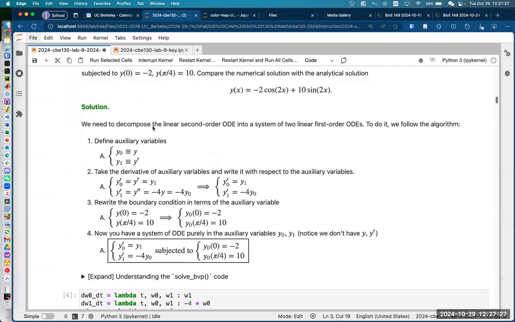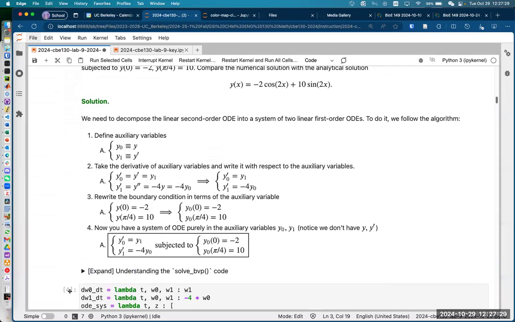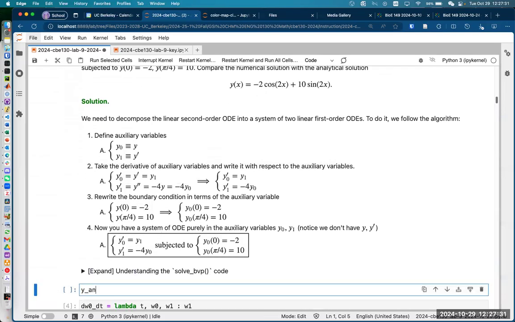And we can compare it with the analytic solution. So the analytic solution, we have Y analytic is equal to a lambda function of X. It's -2 times cosine of 2X plus 10 times sine of 2X.